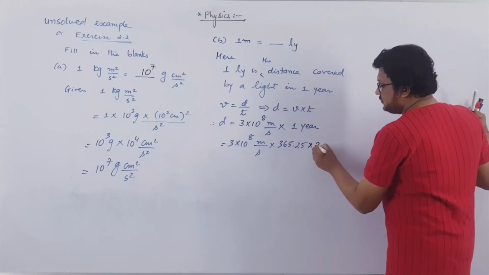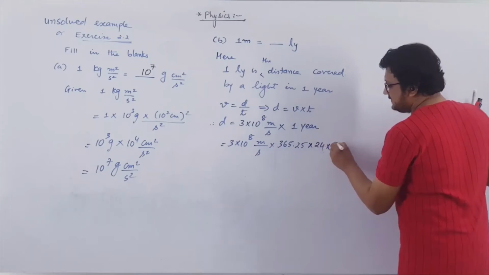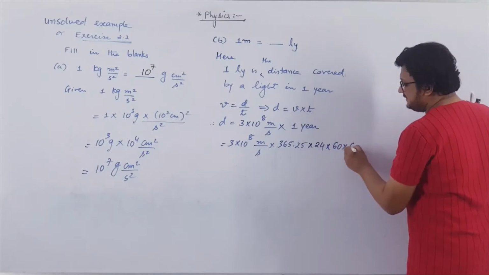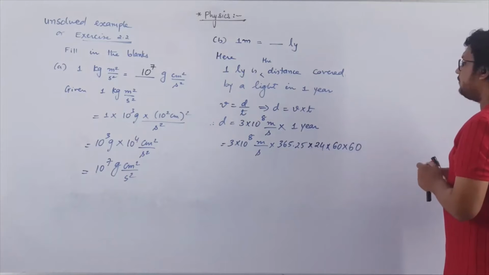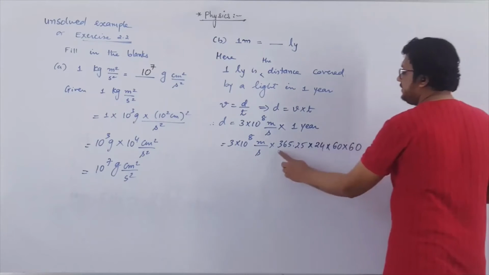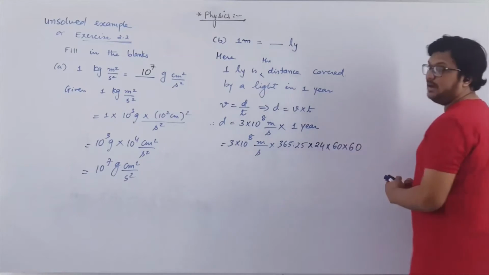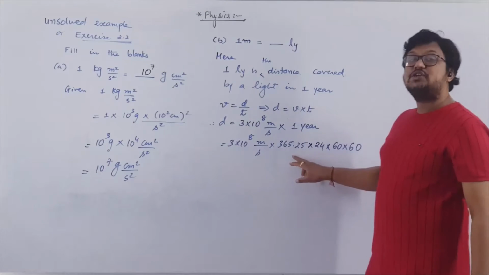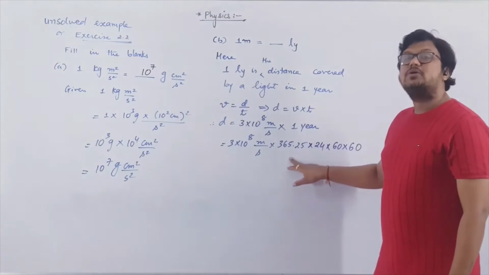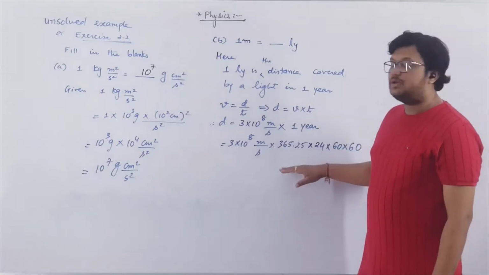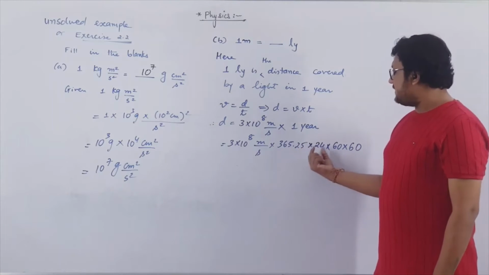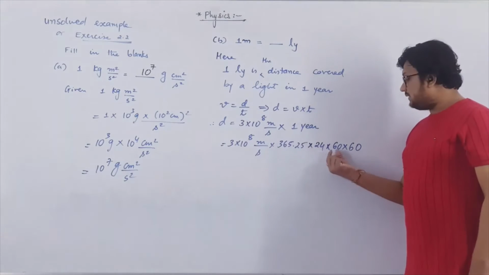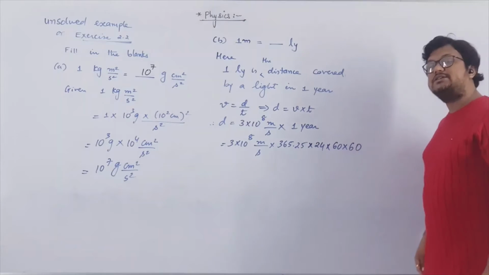So in 1 day that is 24 hours, in 1 hour that is 60 minutes, and in 1 minute that is 60 seconds. Right? So look how we have converted. 1 year is 365 days you can write, but the correct answer is 365.25 days because we have to consider a leap year. So 365.25 days, and in 1 day that is 24 hours, in 1 hour that is 60 minutes, and in 1 minute that is 60 seconds.